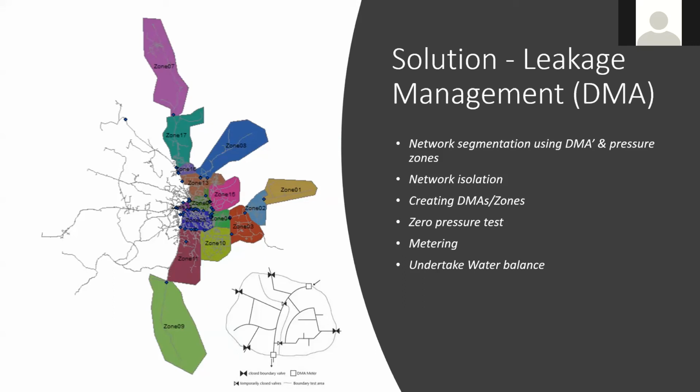How would you approach it? We did this using the DMAs. Basically what the DMA does is that we take the network and segment it and zone it into smaller and manageable areas. And we do this by taking the network into consideration.